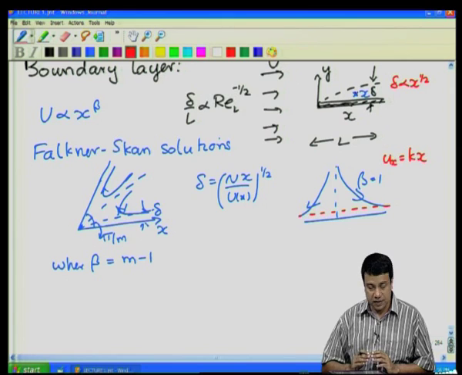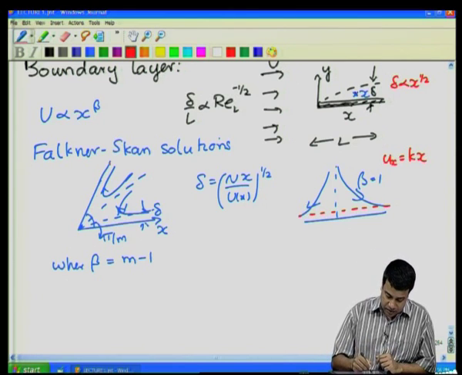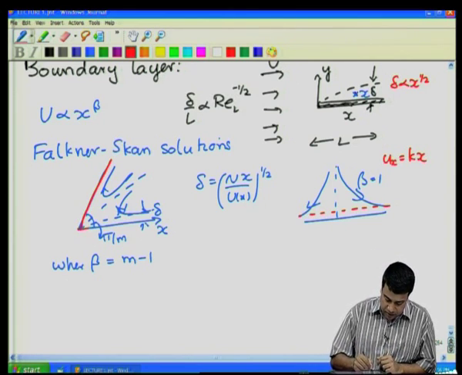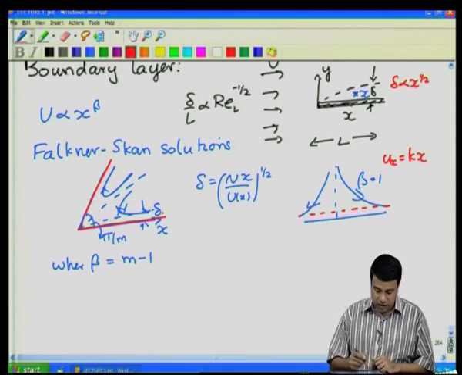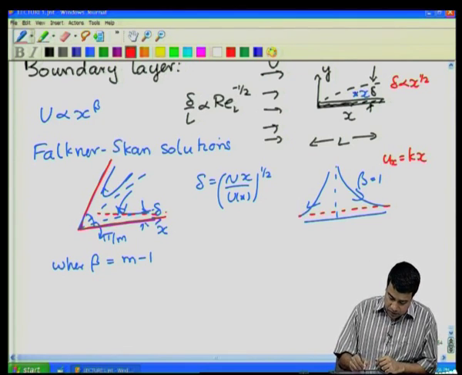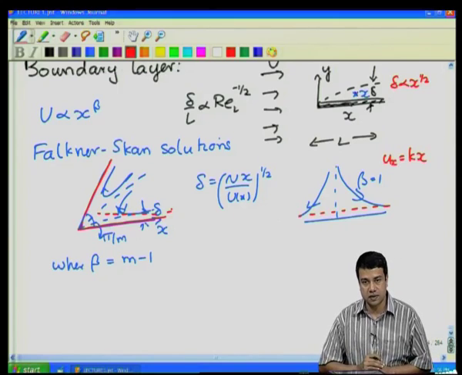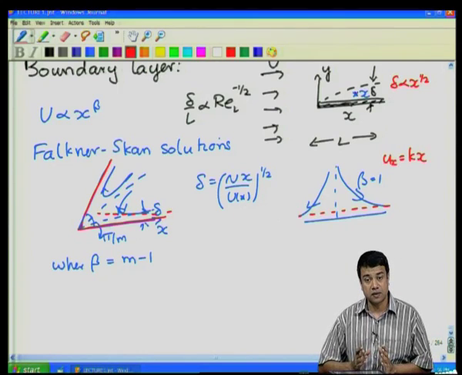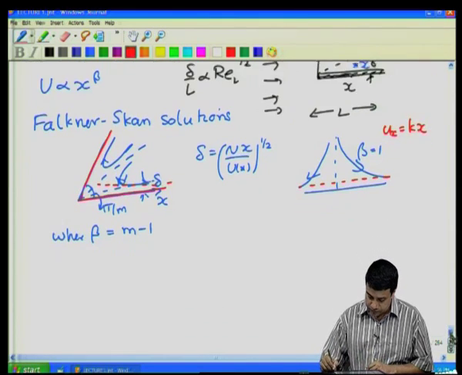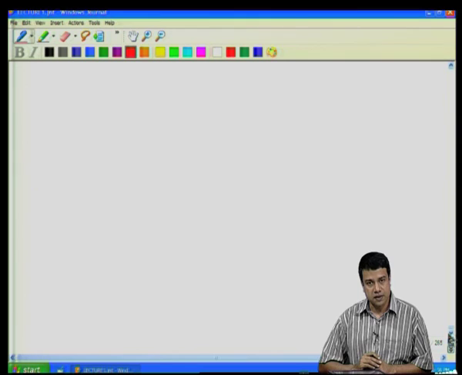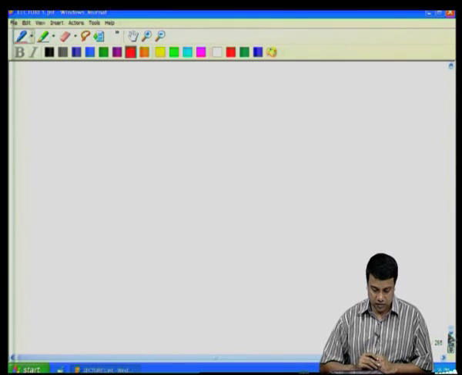If the angle is less than 90 degrees, as I have shown here, the boundary layer thickness actually decreases as you go downstream, whereas if it is greater than 90 degrees, then the boundary layer thickness increases as you go downstream. In all these cases, we managed to get a similarity solution.